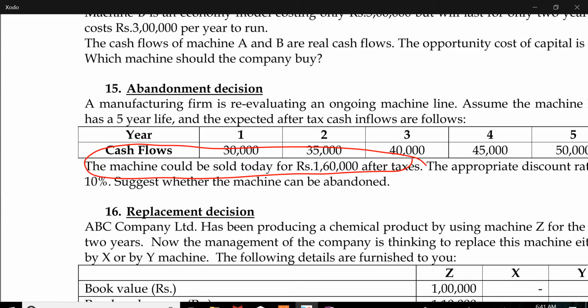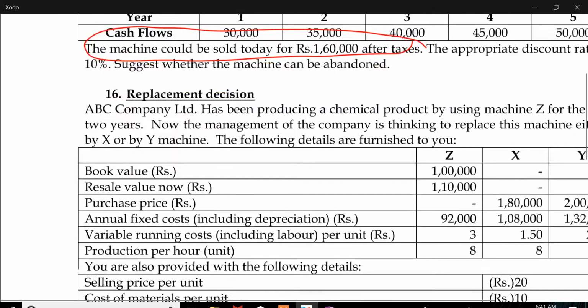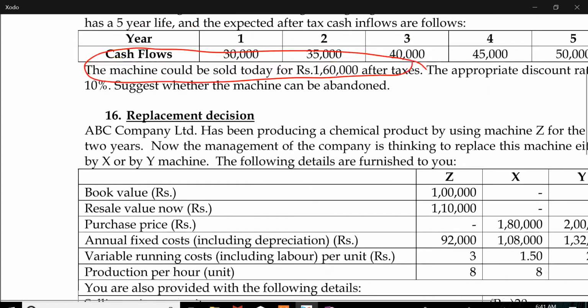EAC equal to present value of outflow divided by PVAF R comma life.